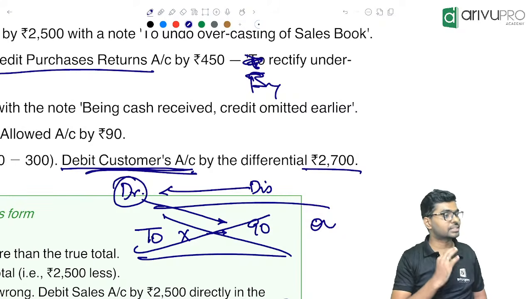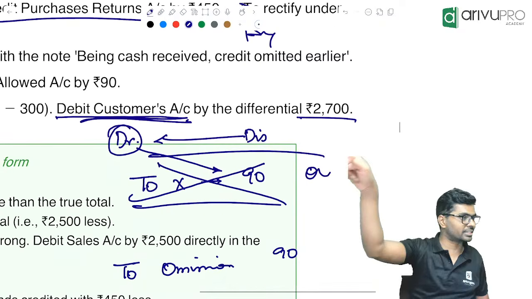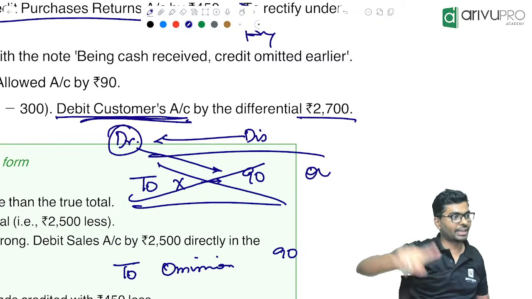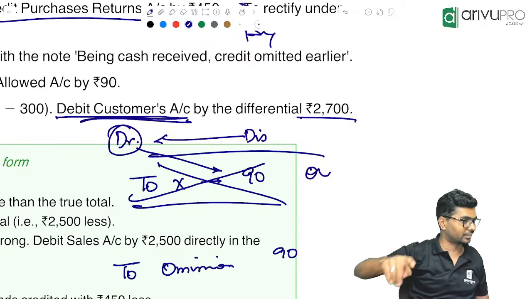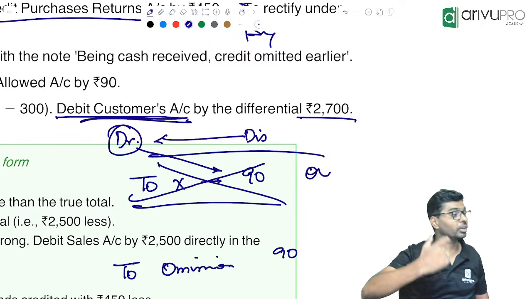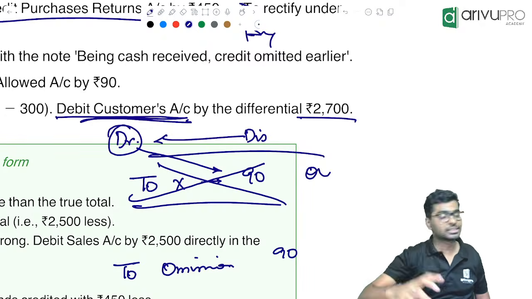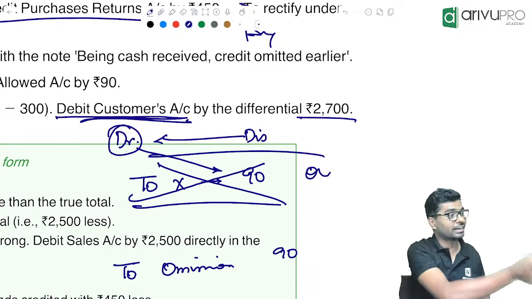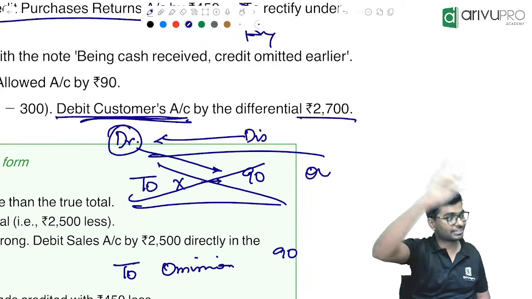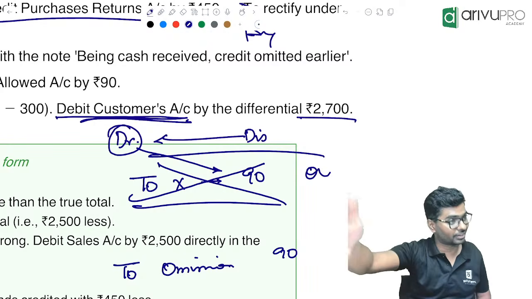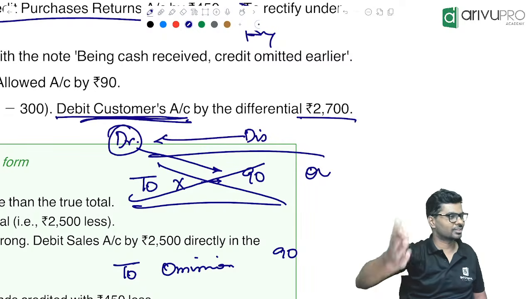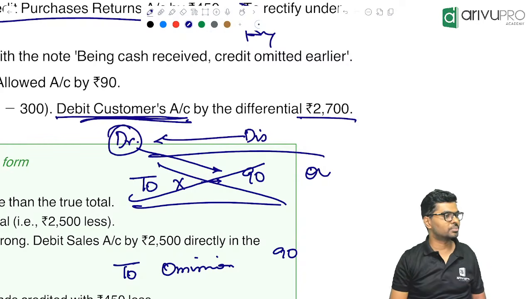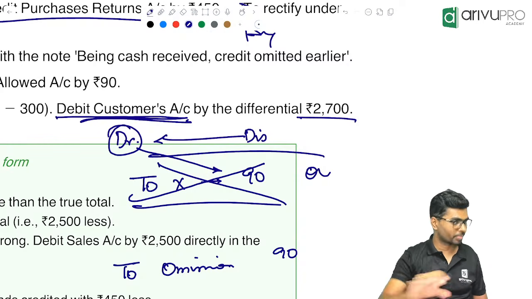Easiest is to write the statement. I go to debit, where it should have come, I write the amount. I go to credit, wherever it is, I write the amount. Writing the statement is a lot easier than passing an entry, because sometimes you get confused. Is it an error of principle or commission? You have to write the error name there. Too much headache. Rather put it in the statement format, it becomes easier. Are you clear with this?